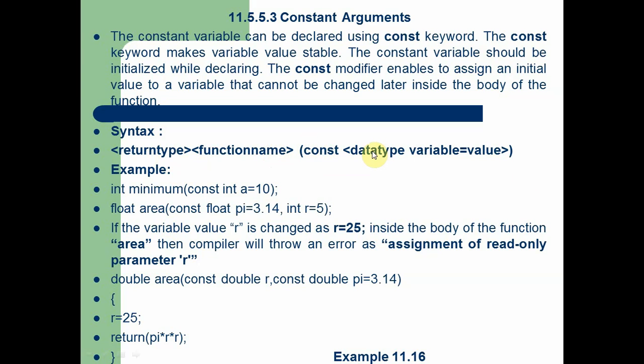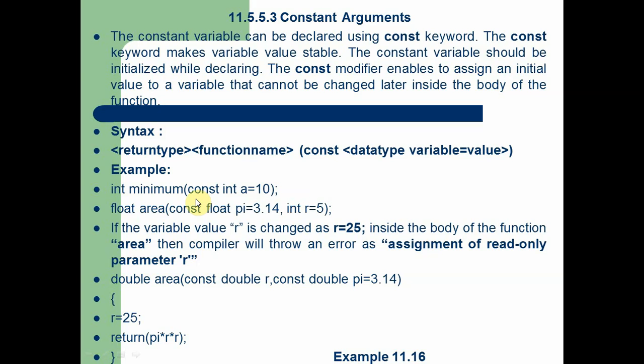Within the parentheses, when you're declaring an argument, use the const keyword, then the data type, and then the value. So here you can see minimum const int a is equal to 10. Then this a becomes a constant value. So when a becomes a constant value, you cannot change that value. You cannot replace that value with the current value like we did before in the default value examples.